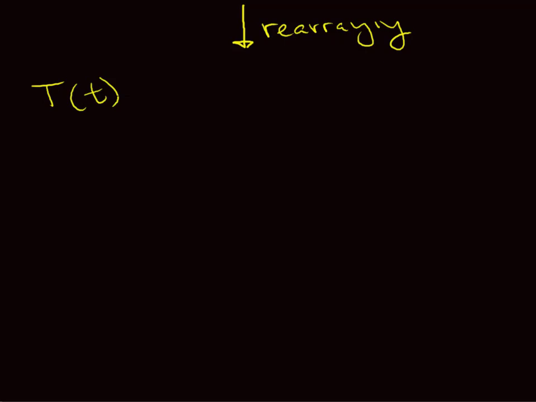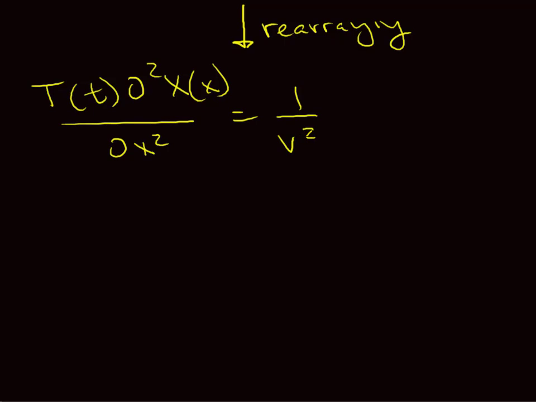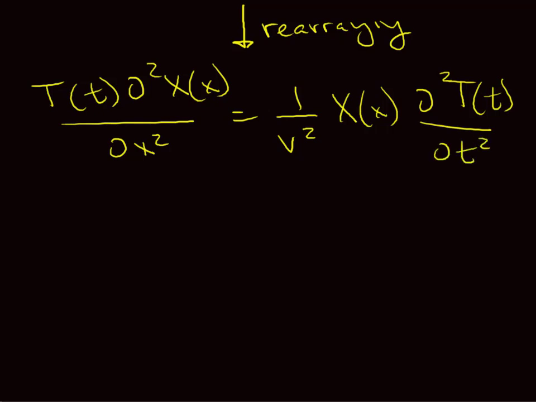So we've got our T of t, partial derivative with respect to space, 1 over v squared, X of x with the partial derivative with respect to t of T as a function of time.